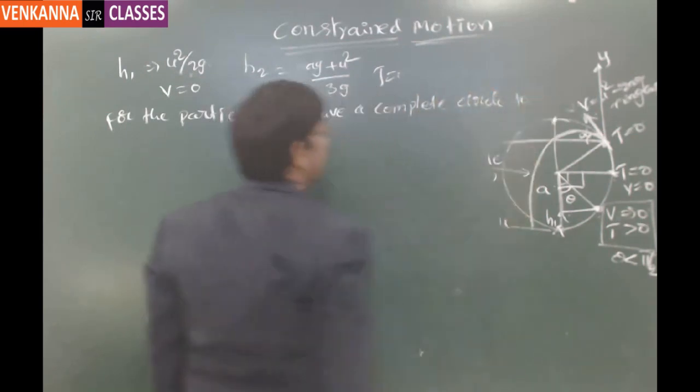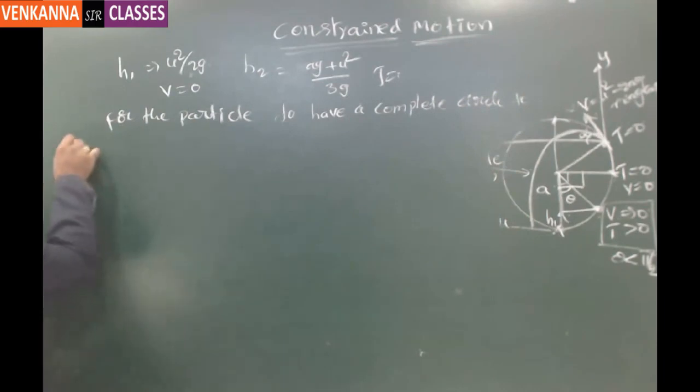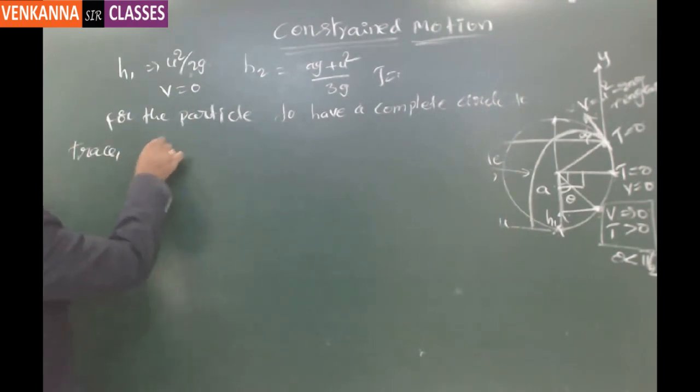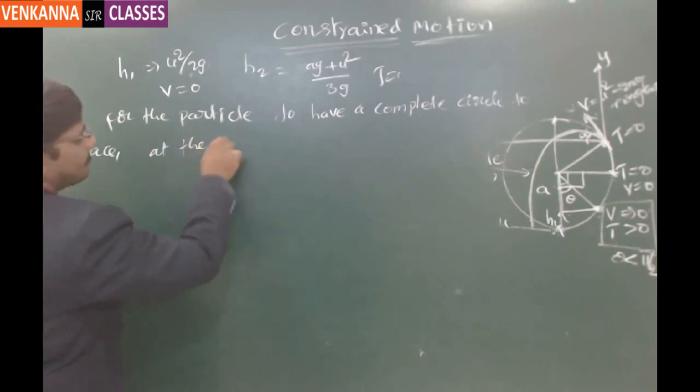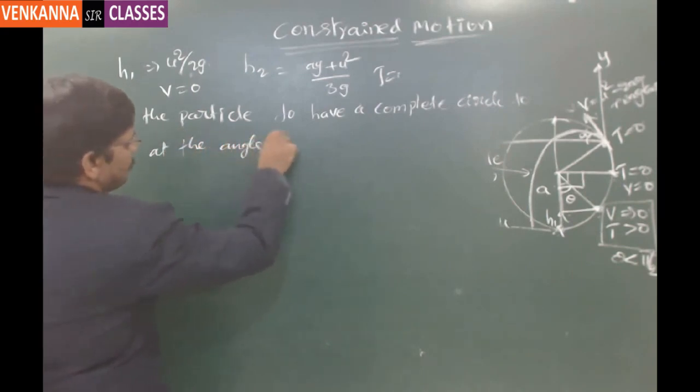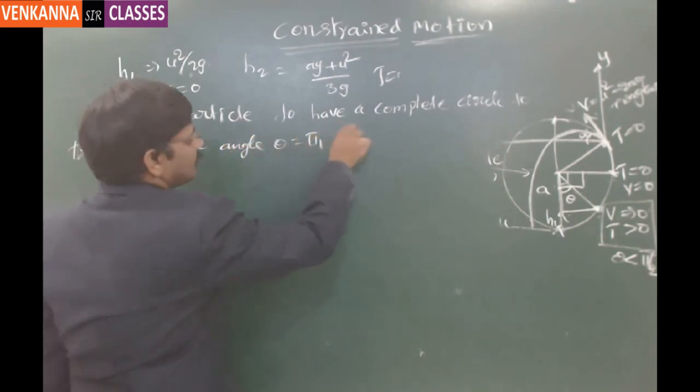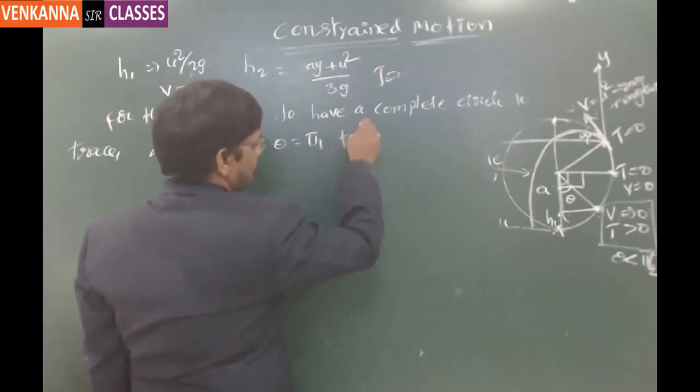At the angle theta equal to pi, tension should not become 0.